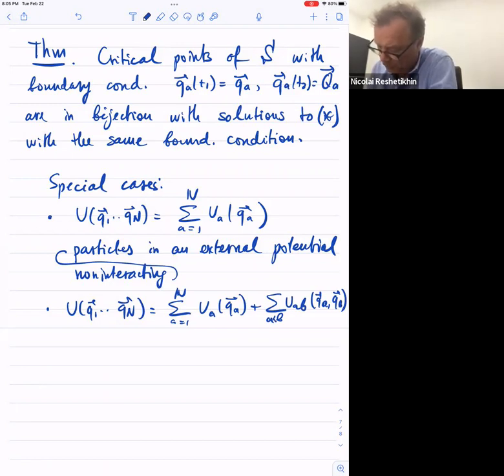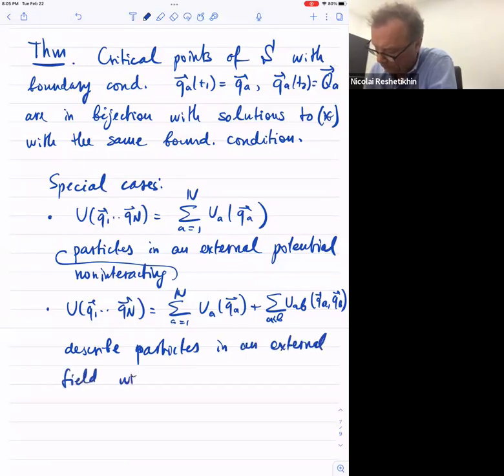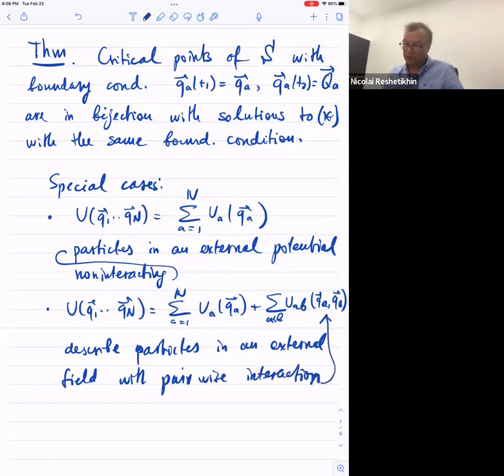Then these potentials describe particles in an external field with pairwise interaction, which is given by these potentials.